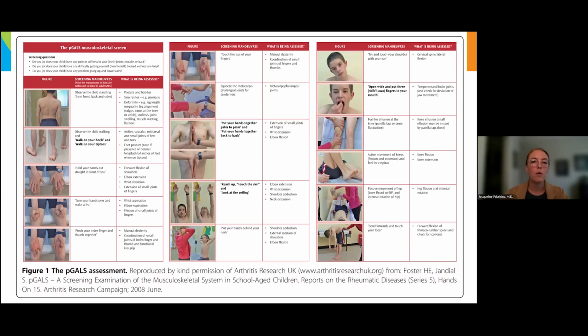So when we are examining the cervical spine, which is done in this case with this maneuver where they reach up, touch the sky, and look at the ceiling all at once, going like this. In children that have cervical spine arthritis, the first thing that they're going to lose is neck extension. So they're going to have difficulty with that motion there.